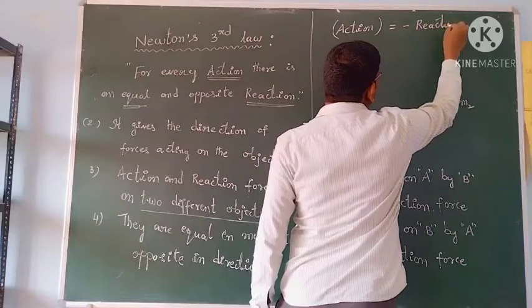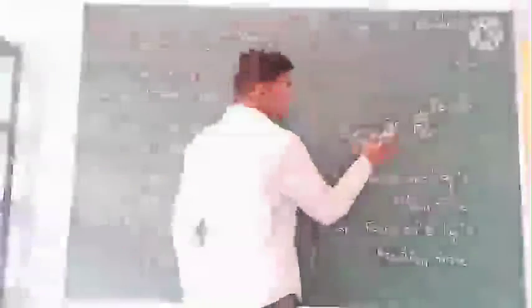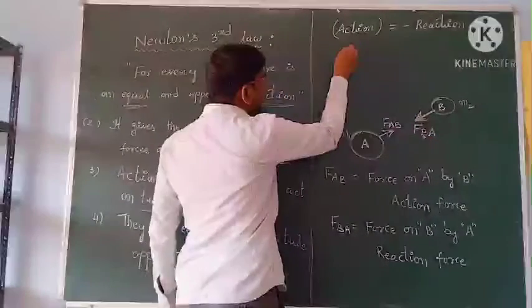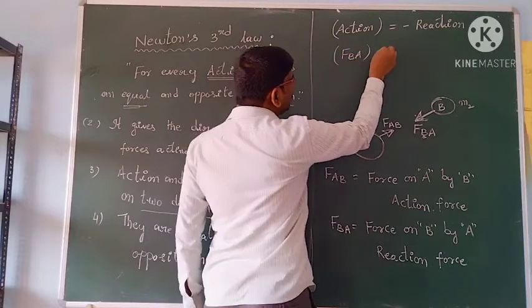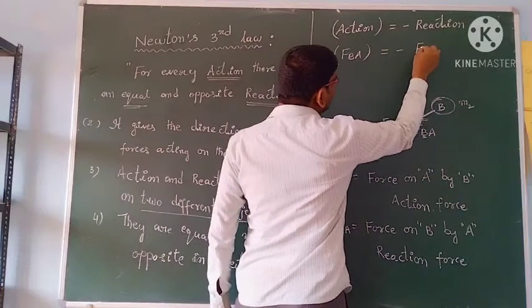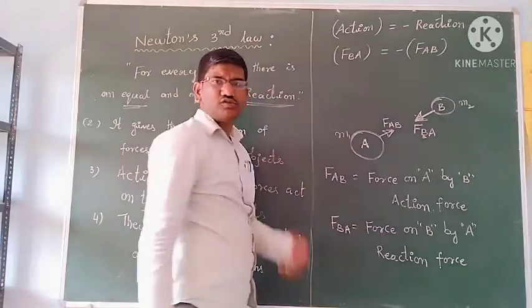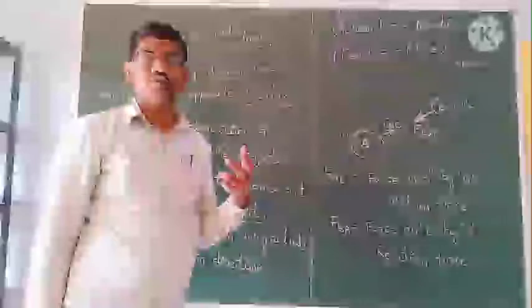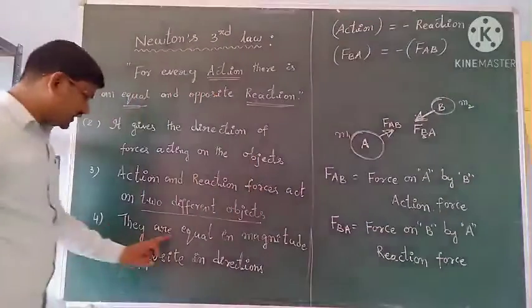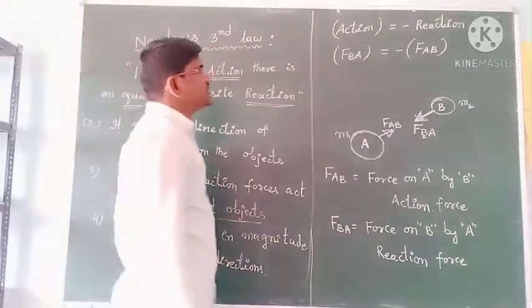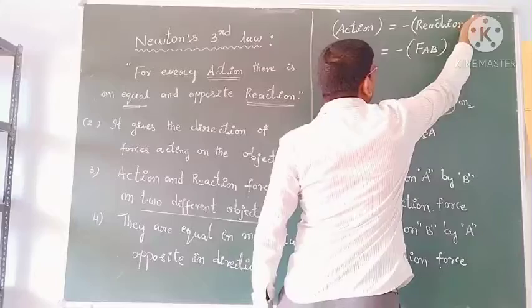Means A is attracting B. If I consider action force as force on B by A, it is equal to minus of force on A by B. Means their magnitudes will be the same and directions will be different. So they are equal in magnitude, opposite in directions. So action is equal to minus of reaction force, you have to write it.